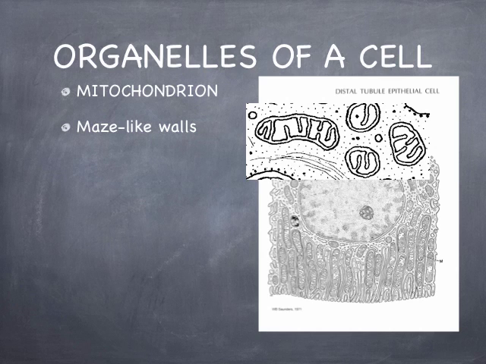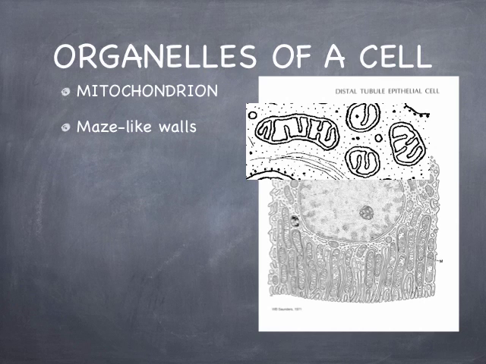The mitochondrion is actually made out of 2 membranes, one on the outside and one on the inside. If you look at any one of these mitochondria, you can see that distinction. And it turns out that the inside membrane is larger than the outside membrane, so it has to be folded in order to fit inside the smaller outside membrane.